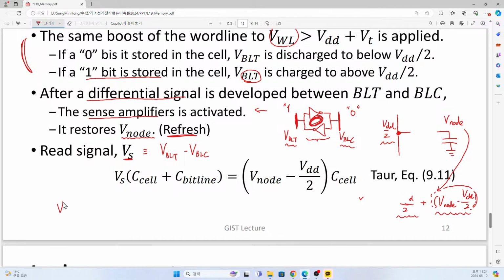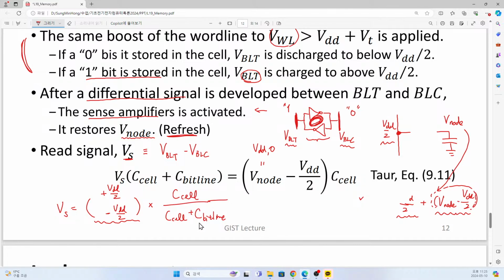Then our lead signal can be expressed as here the number, and this number is sometimes positive half VDD or sometimes minus half VDD, depending on the value of the V node, which can be either VDD or 0. So we have two different cases, times C cell divided by the sum of C cell and C bit line.